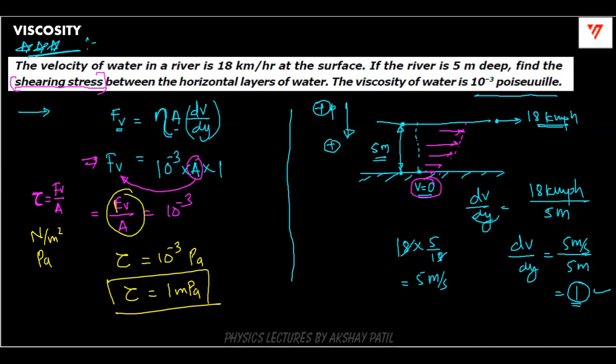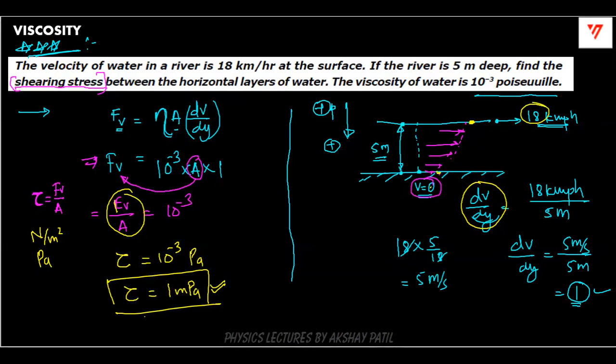I'm not much concerned about the correctness of this answer. If you are solving, don't look at the correct numerical value you're getting. You just make sure that your approach is correct. How are you obtaining the velocity gradient? From surface to the ground, it has decreased from 18 to 0.